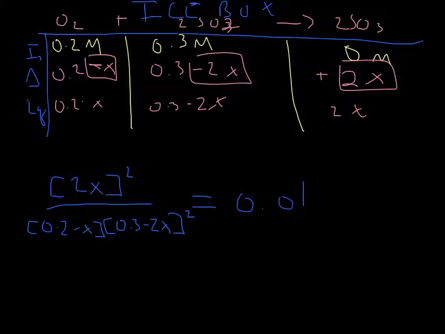But I'm going to tell you how to do something on your calculator. You're going to love it. Alright. It's kind of hard to get used to at first, but bear with me because I'm going to do this step by step with you. So first we're going to set up our equation here as 2x squared over 0.2 minus x, and then 0.3 minus 2x squared.